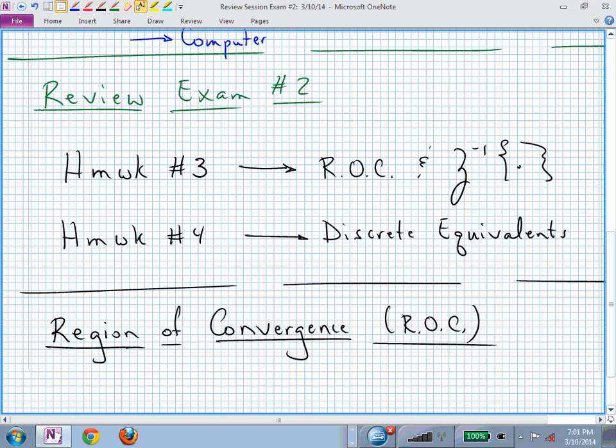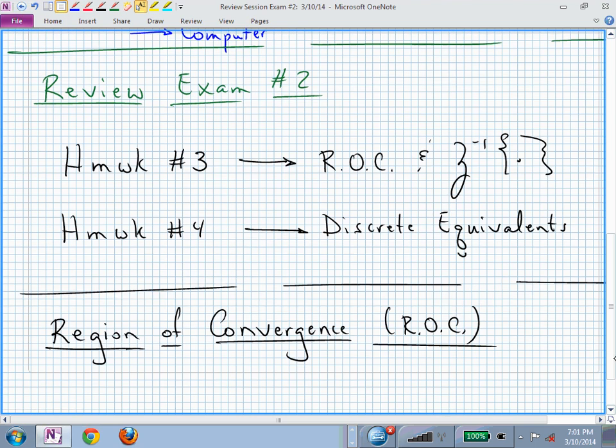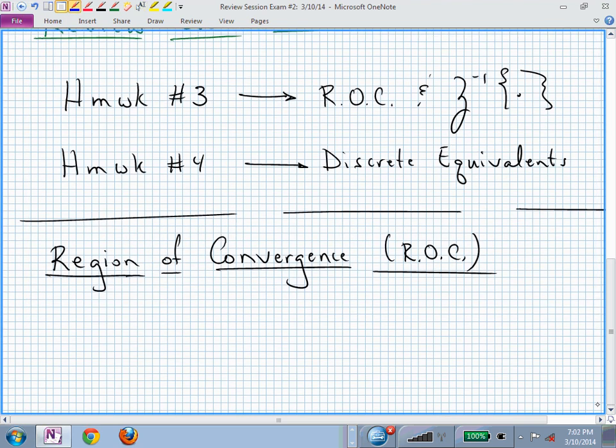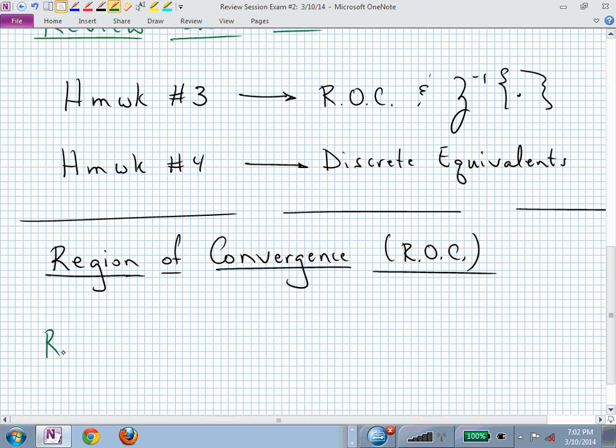We obviously have a lot of different conditions on those topics. Now, in terms of region of convergence, there's really only 3 types.